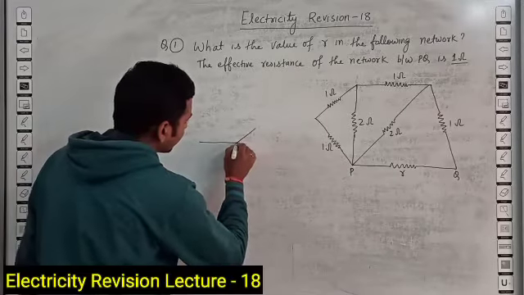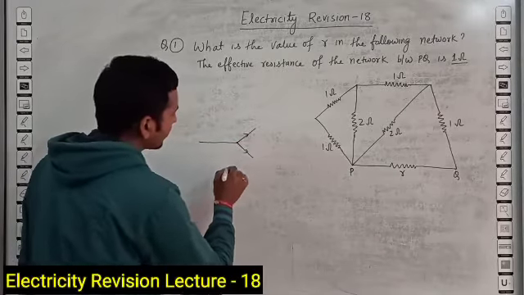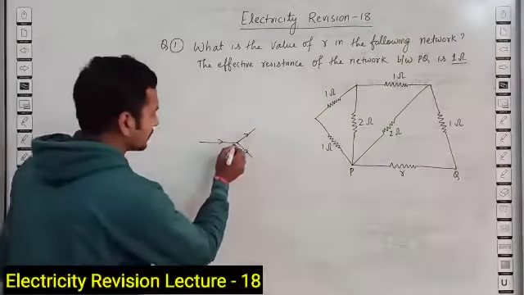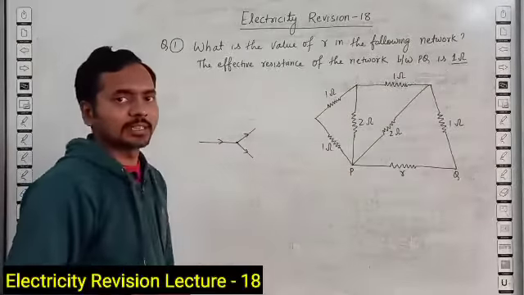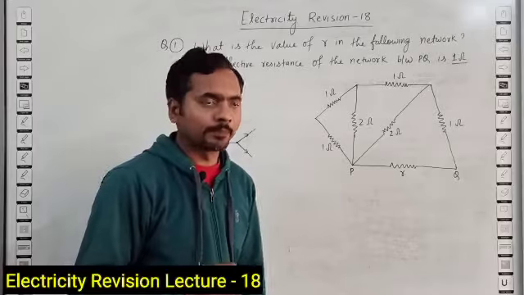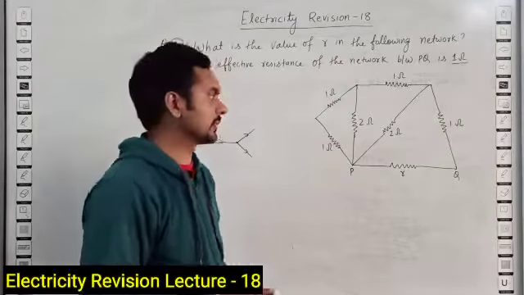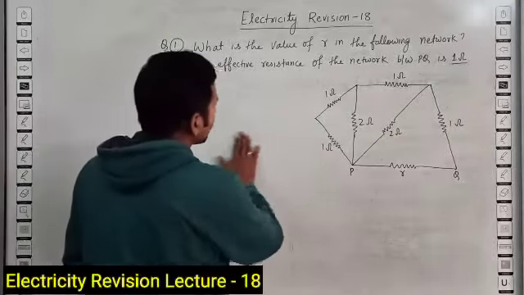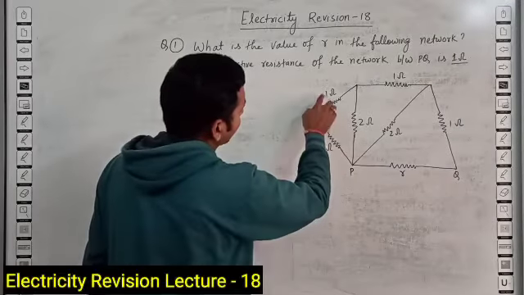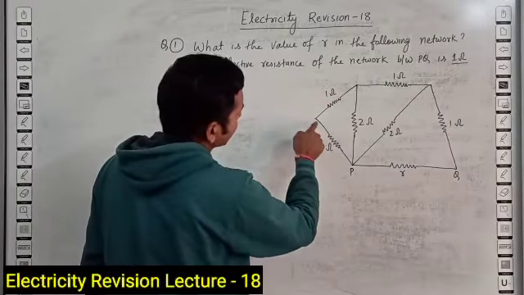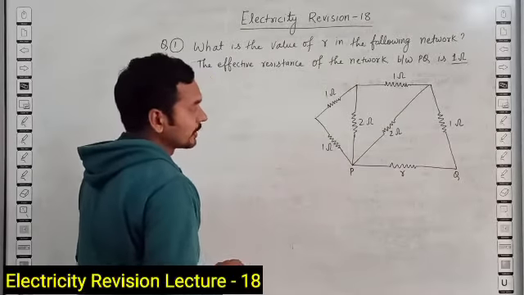From here it divides into two ways. So this is called a junction. Wherever we can see a junction, we can say there is a parallel combination. So in this 1 ohm and 1 ohm, there is no junction between these two resistances.